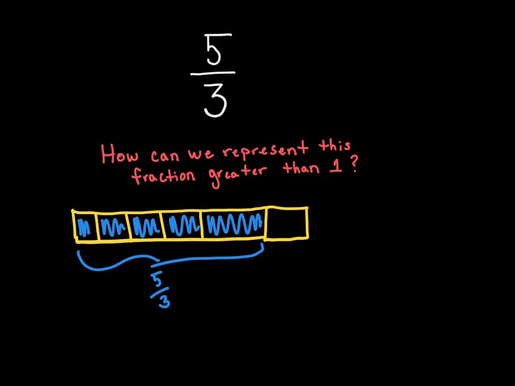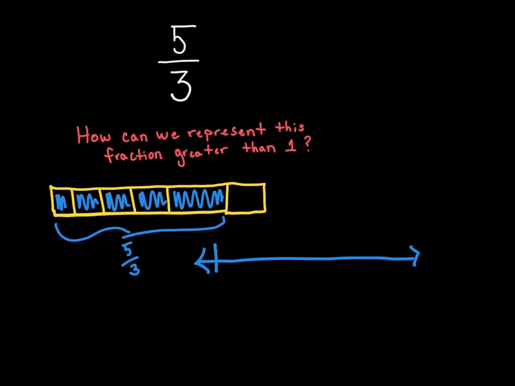Now, if we wanted to show this through a number line, okay, we're going to start off with that 0, but we don't count it. And in the middle here, we have 1 whole, and then we get another whole here of 2, because it's greater than 1. So now we have to put those little tick marks, because we're breaking it up into thirds. So we have 1, 2, 3, 1, 2, 3.